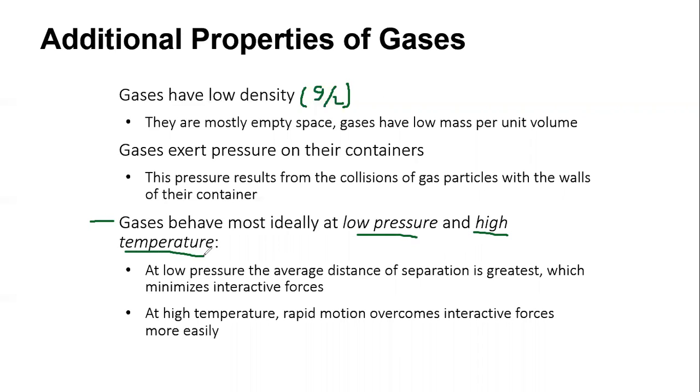Low pressure means that molecules of gases are very far apart, so there's no attractive forces. High temperature means they're moving very fast. So again, there's no interaction with other molecules, so this makes it behave more ideally.